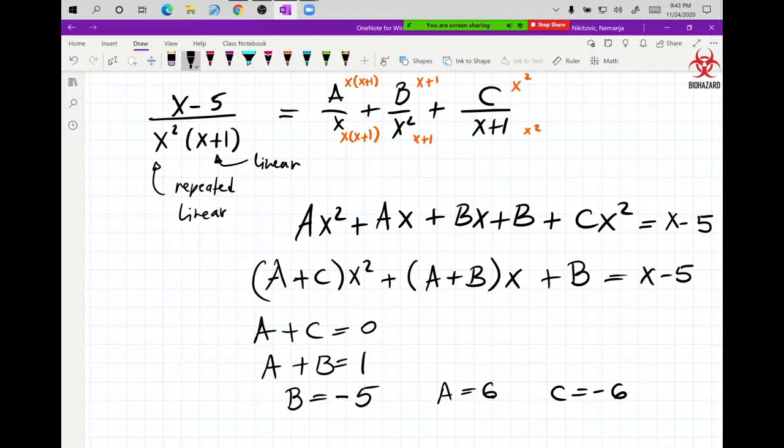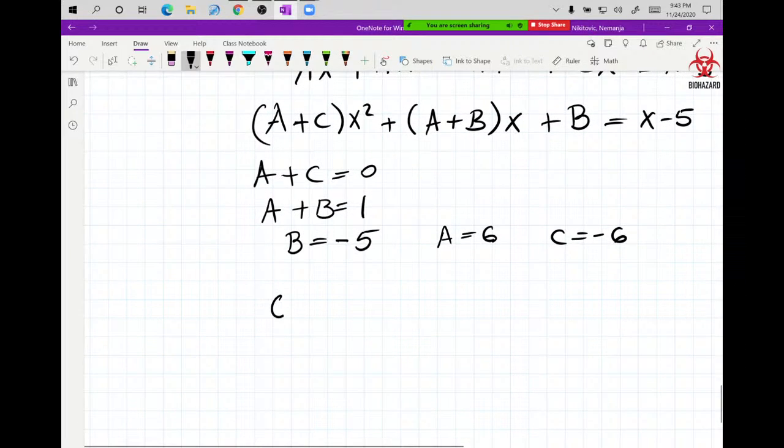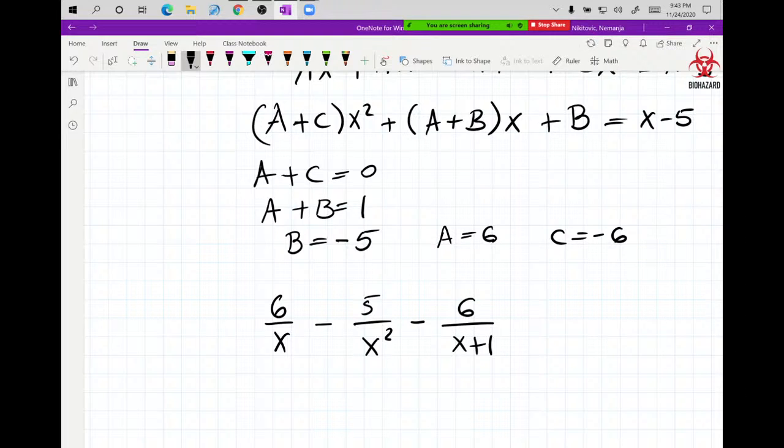And there I have my 6 over x minus 5 over x squared and minus 6 over x plus 1. And that's my partial fraction decomposition.